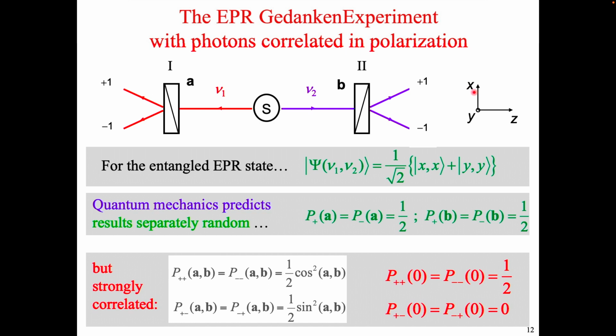XX plus YY is an entangled state, which means that I cannot develop it mathematically and present it as a product of a certain state for the first photon and a certain state for the second photon. It's impossible. Don't think that it is, for instance, at 45 degrees or something like that.